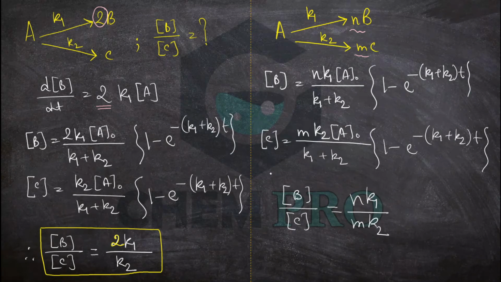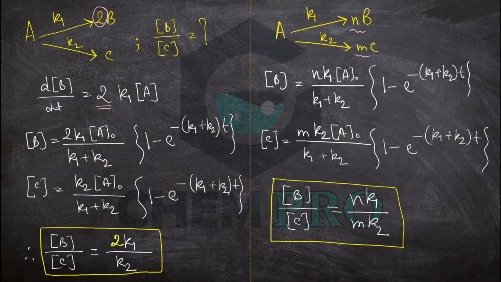So for the given coefficients of B and C, like m and n, we have to include n and m in the formulas.